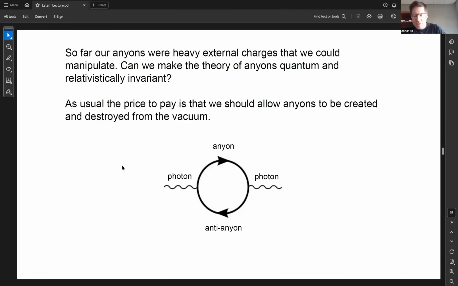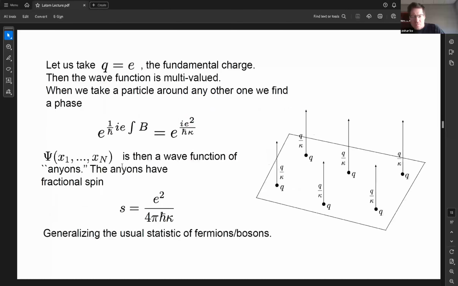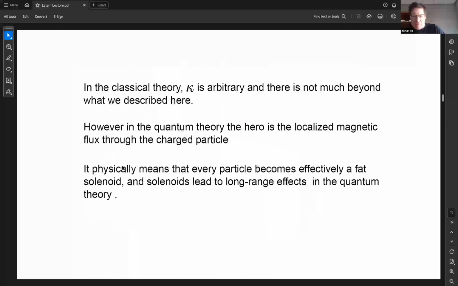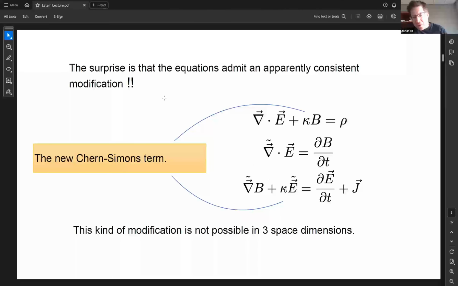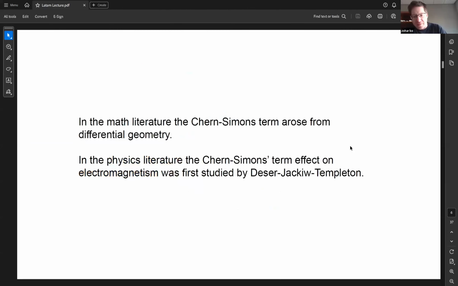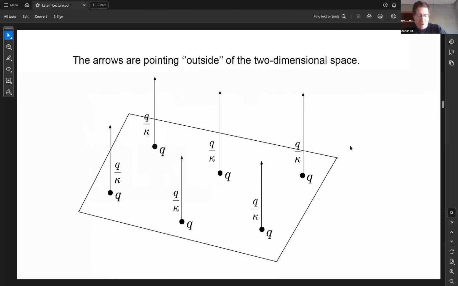Well, first of all, if you look at the Maxwell-Chern-Simons equations, these are Lorentz invariant equations, and the anyons are sources. So far, we did not quantize the sources, right? We just viewed the sources as classical sources, and we analyzed the magnetic field that they carry, and then we did some kind of first quantized description as if the sources are just very heavy particles.